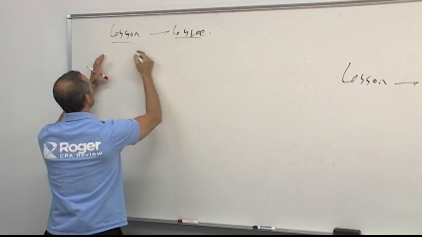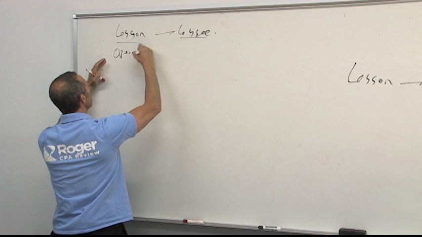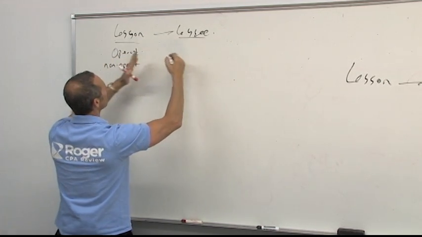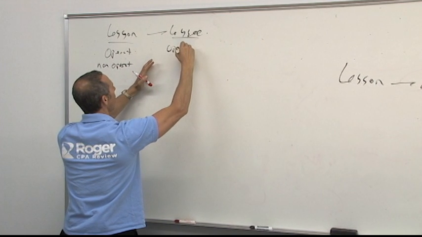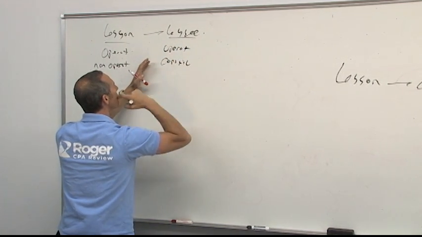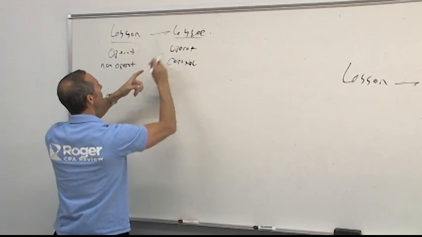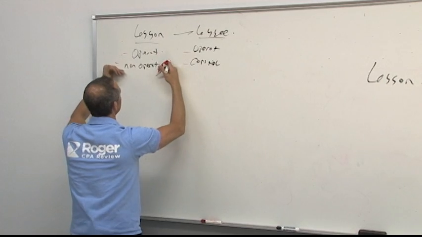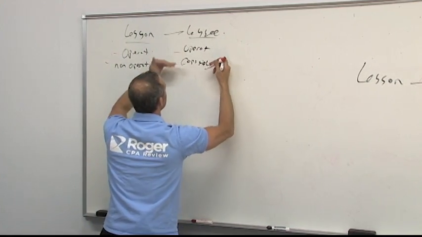From the lessor standpoint, we have an operating lease and also a non-operating lease. From the lessee standpoint, we have an operating lease and a capital lease. Notice we don't call it operating and capital for the lessor; it's operating and non-operating. From the lessee, it's operating and capital.